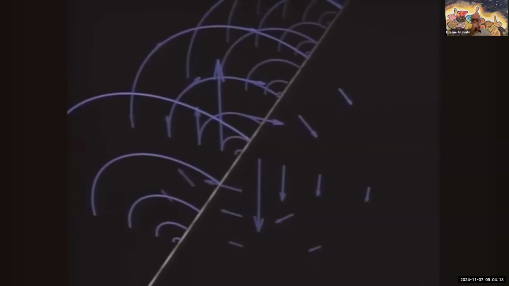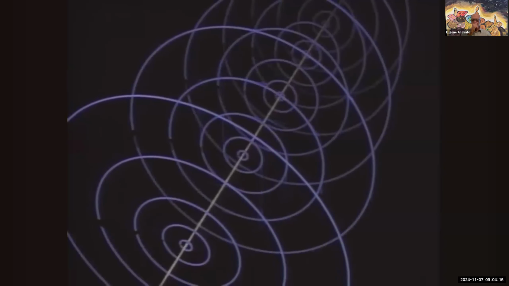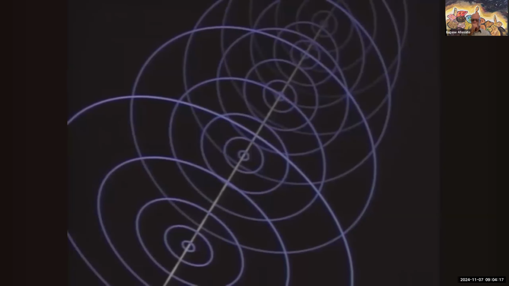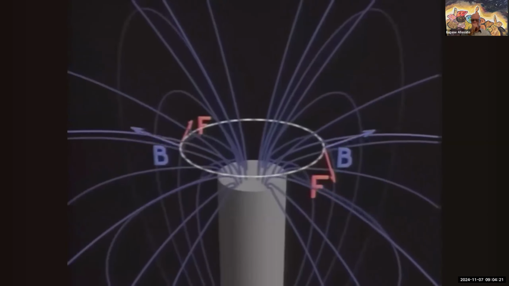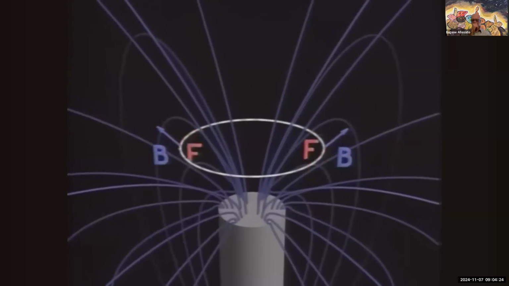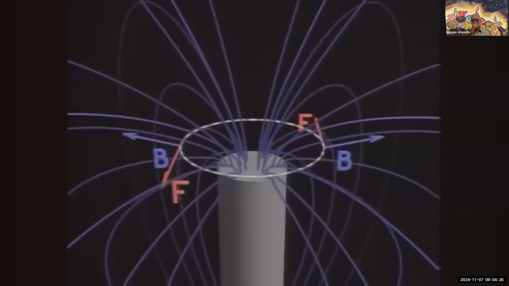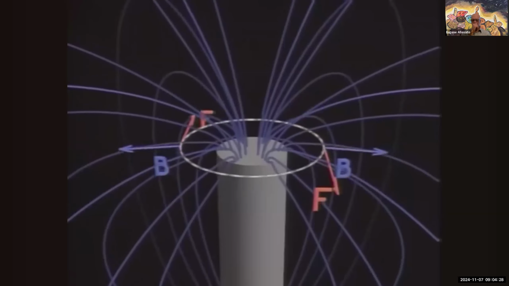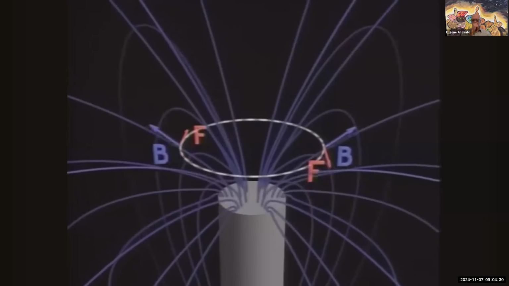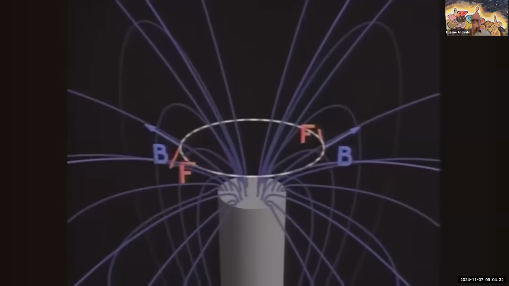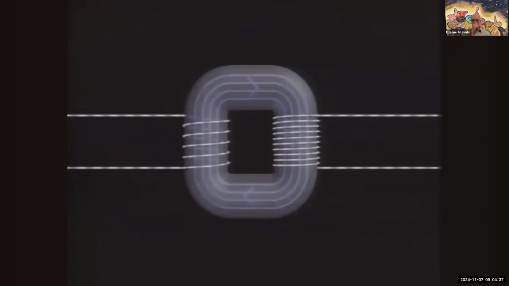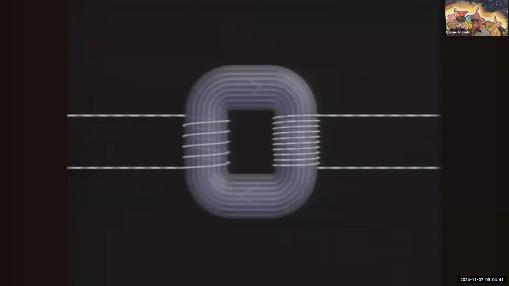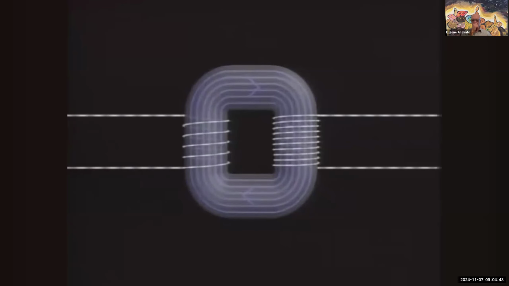Picking up where Ørsted left off, Faraday confirmed that an electric current can produce a magnetic field. And then, going far beyond, Faraday demonstrated that a changing magnetic flux can create an electric current, and that a changing electric current in one circuit can induce current to flow in another.